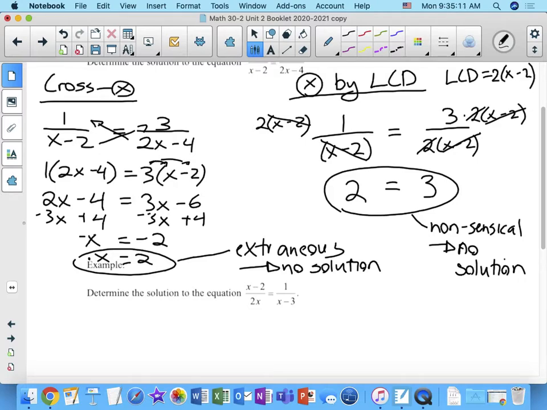Okay, so you actually end up with the same answer, but it looks quite different depending on what approach you take. So we can take either approach as long as we remember that if the answer to the cross multiply is one of the NPVs, then there's no solution. In this case, you can take either approach.